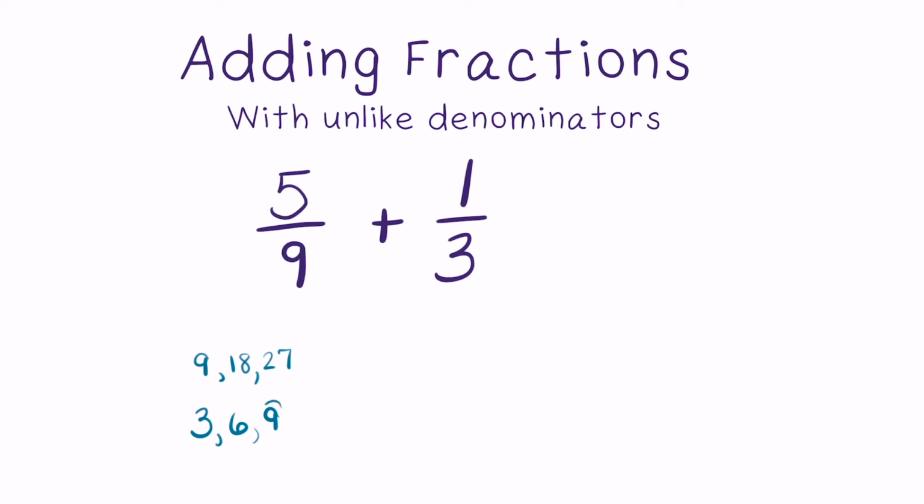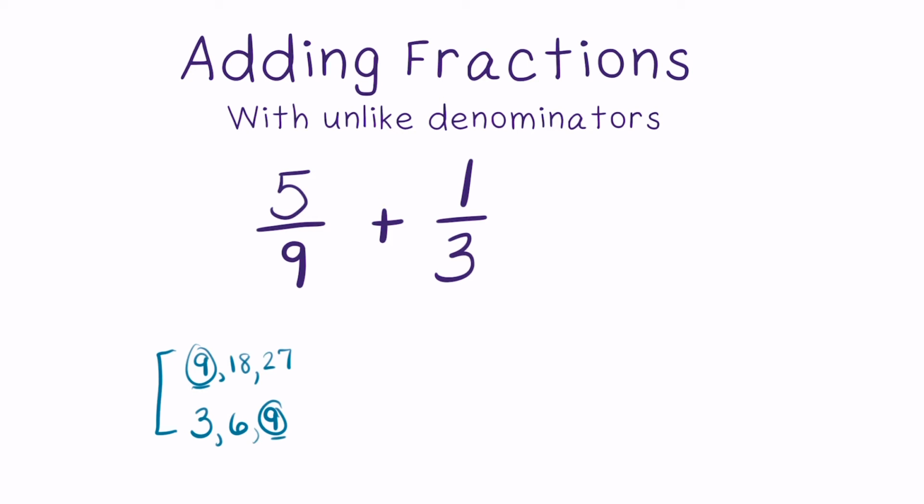You'll see here, 9 and 9. As you practice this, that might be something that you can notice right away, and you might not have to write out the multiples, but this is always a good strategy to go back to if you're ever confused or unsure. What we've determined here is that 9 is a common multiple of both denominators.